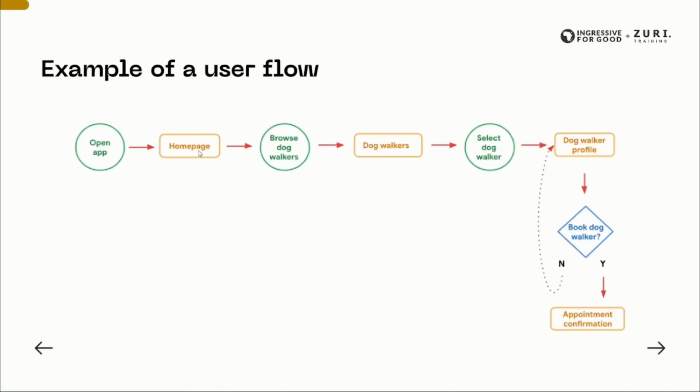Now the user has to make a choice about moving towards another screen. That action is represented by a circle. The user chooses to browse dog walkers, which takes them to the next screen.